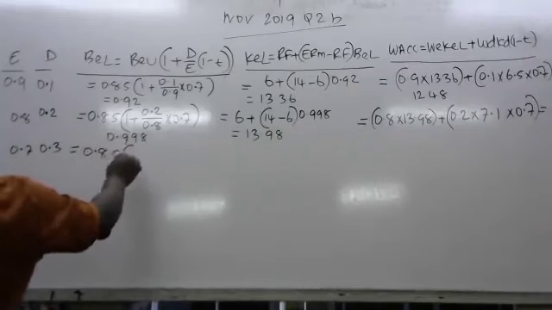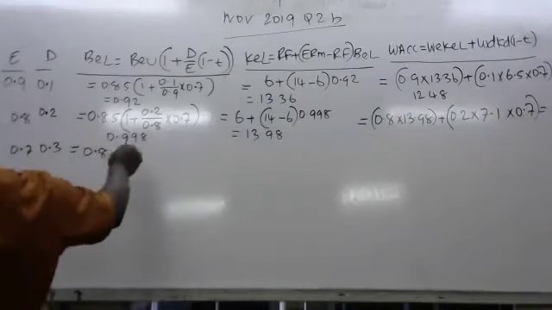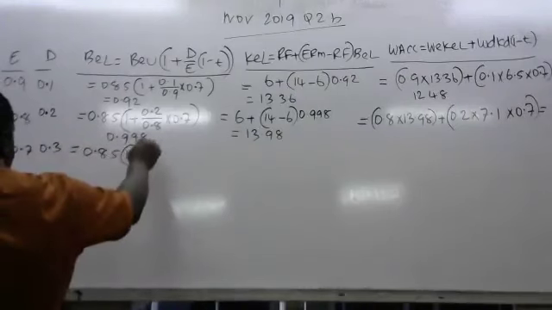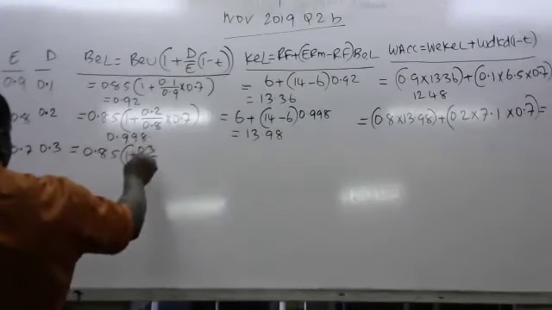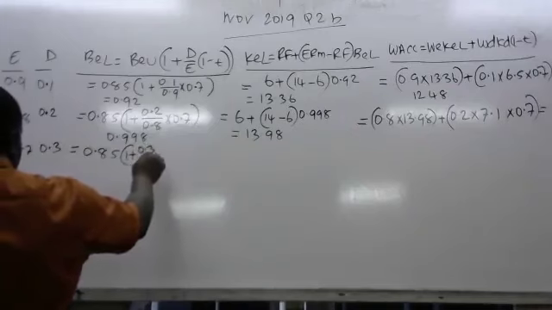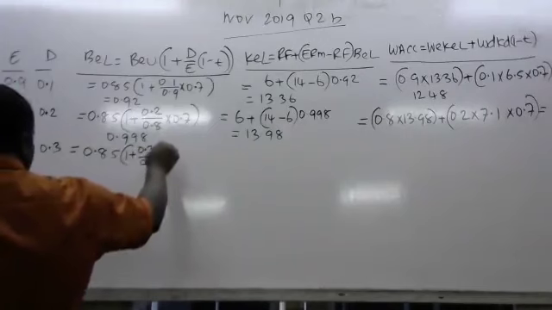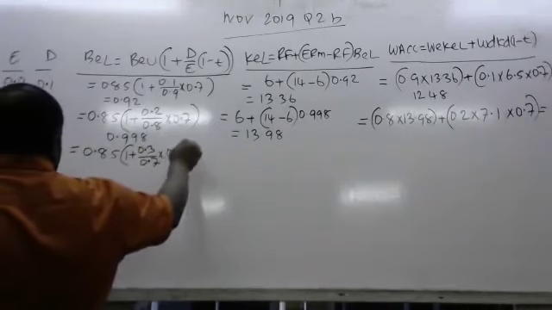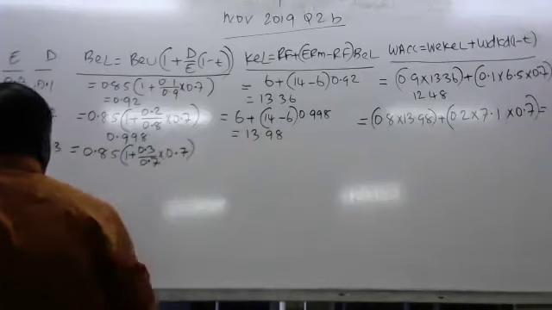0.85. Then also 1, then we add 0.3 divided by 0.7, also multiplied by 0.7.